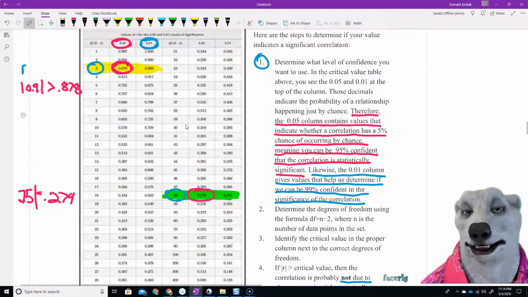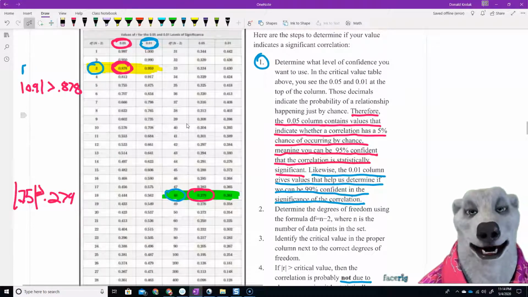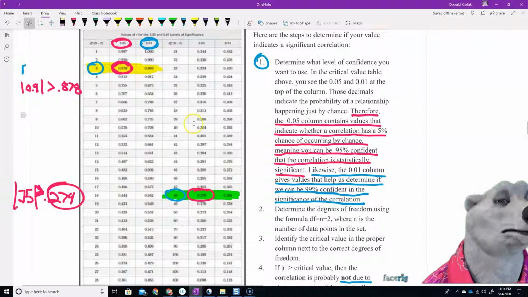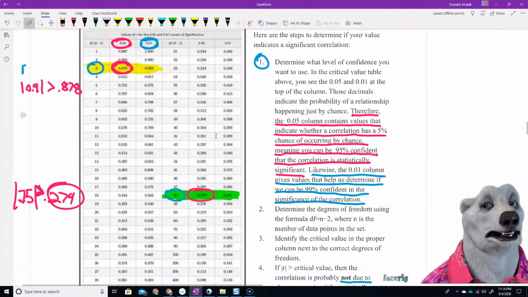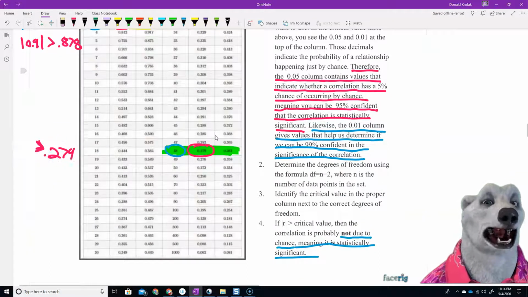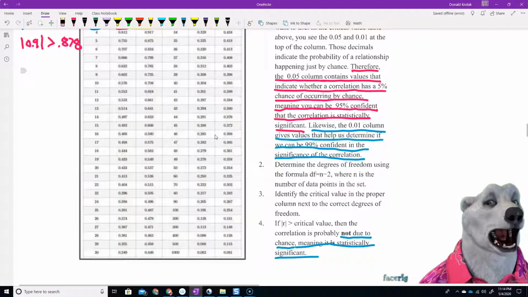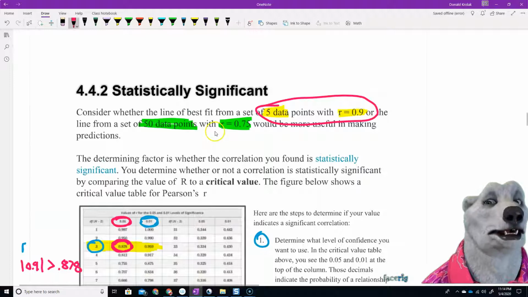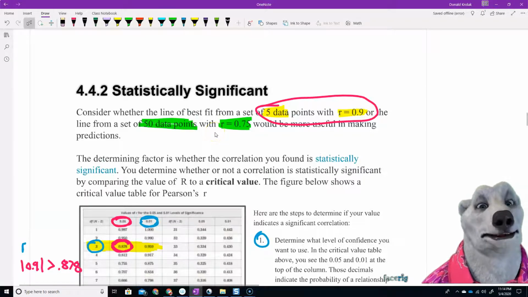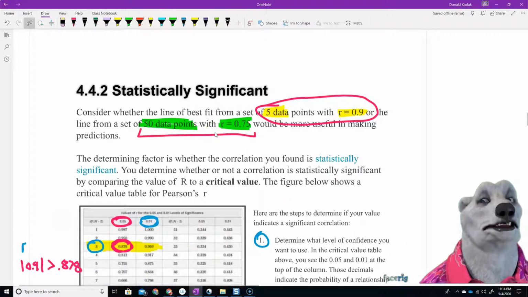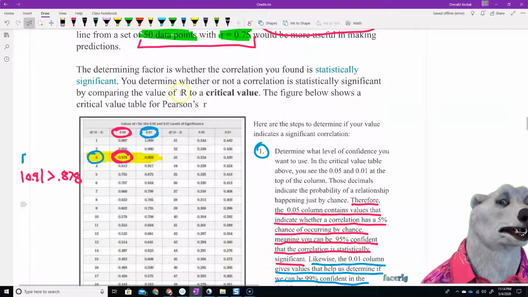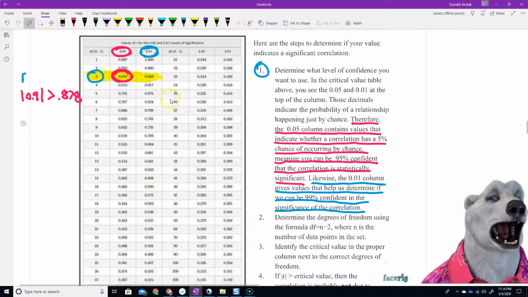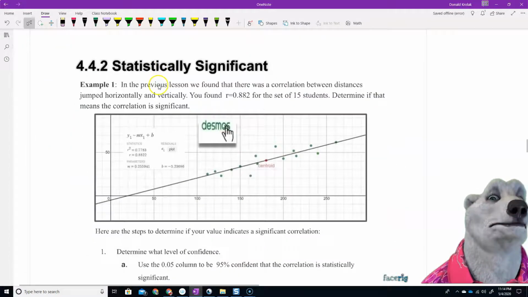Way bigger than its minimum critical value. So this would also be okay. You could say it's statistically significant that what I'm noticing in this line of best fit data, it's okay for me to make predictions based on it because it satisfies the critical value.